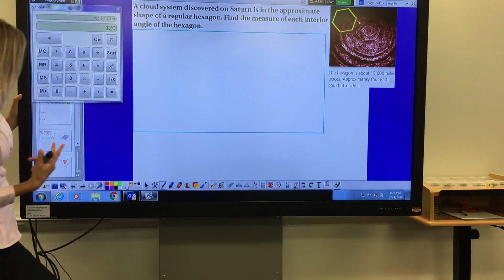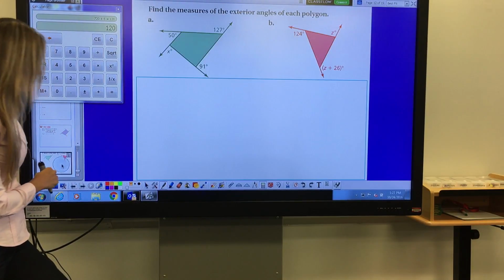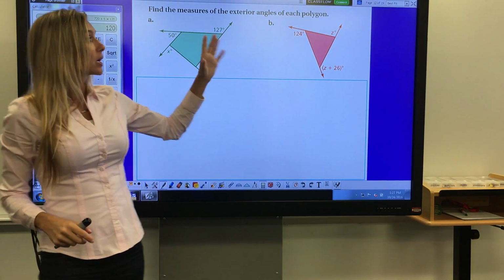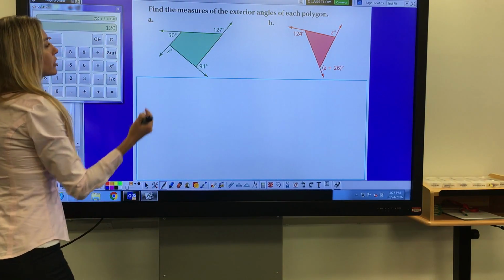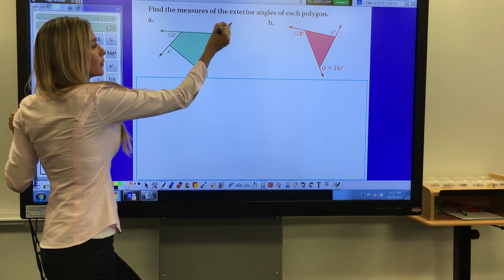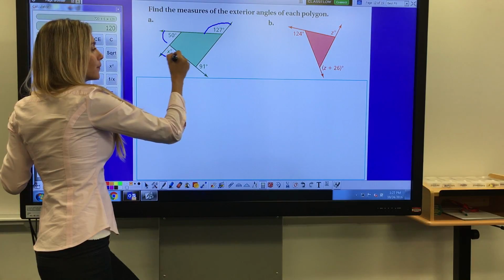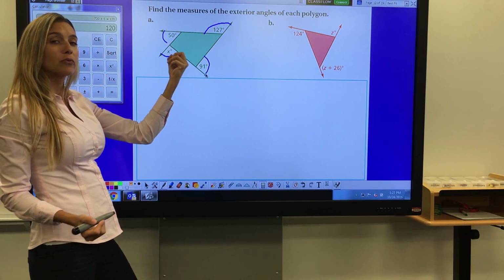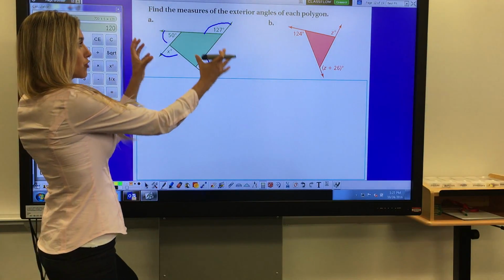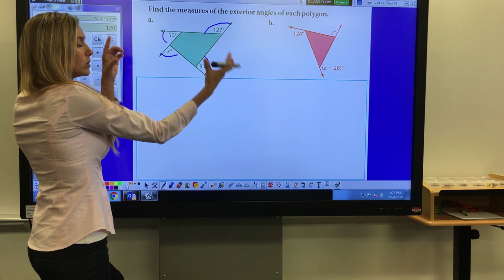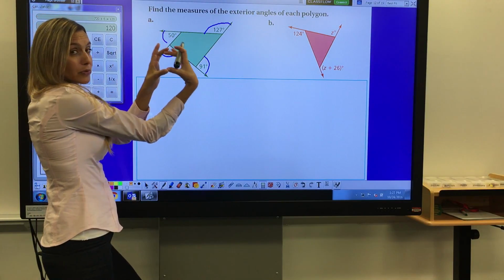Let's look at, however, also one more thing. Let's look at exterior angles. Guys, if you look at the exterior angles, there's only one thing you have to remember. If I took this shape right now and I shrunk it, all of these angles will combine and give me a perfect circle.